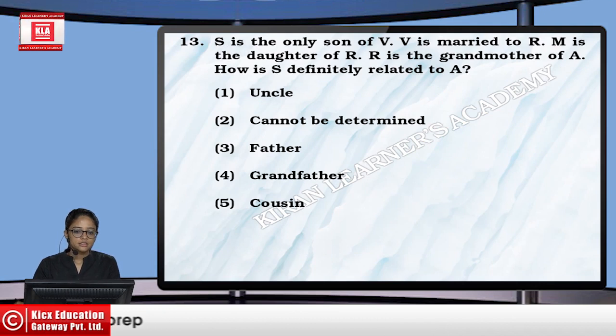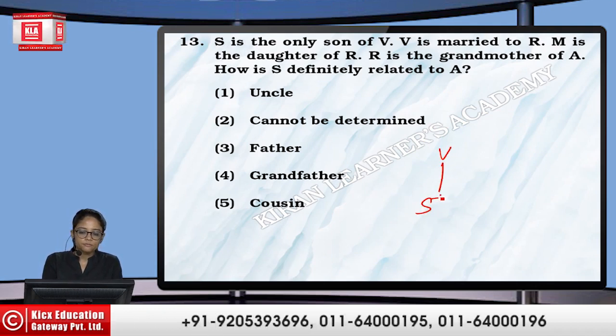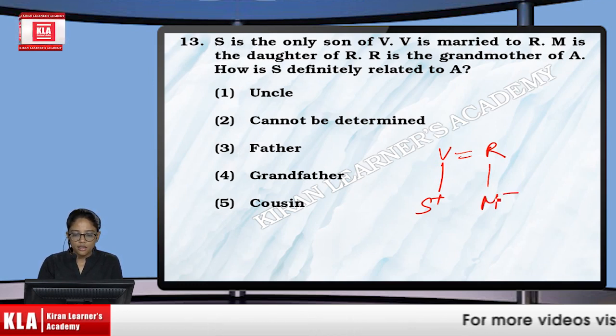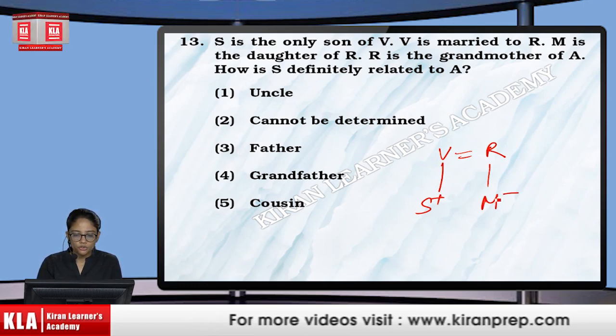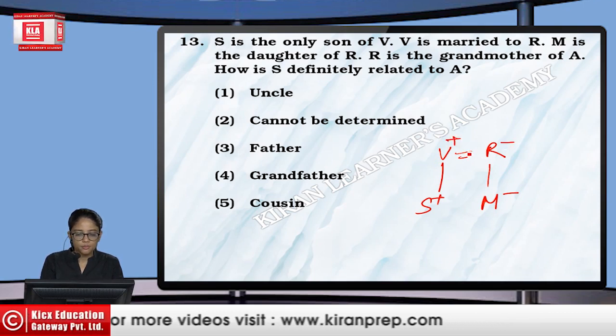Next we have S is the only son of V. Then V is married to R, and M is the daughter of R, and R is the grandmother of A. Grandmother means she is the mother, right? And he will be father.